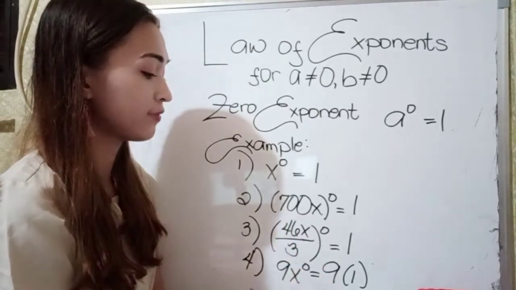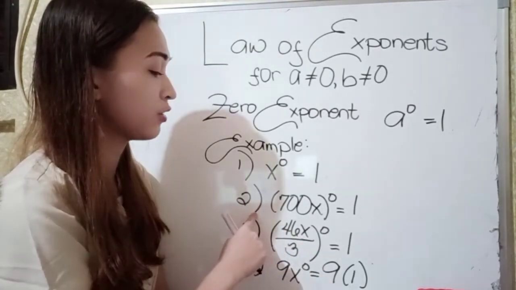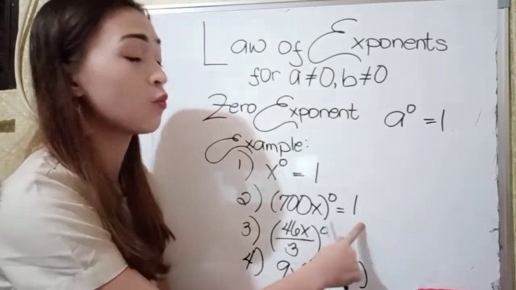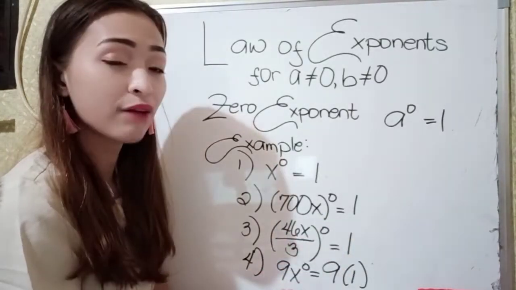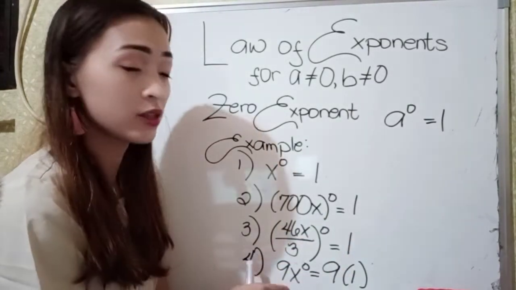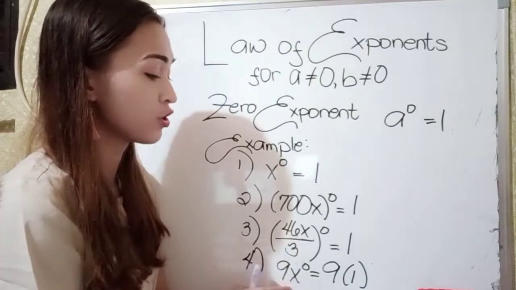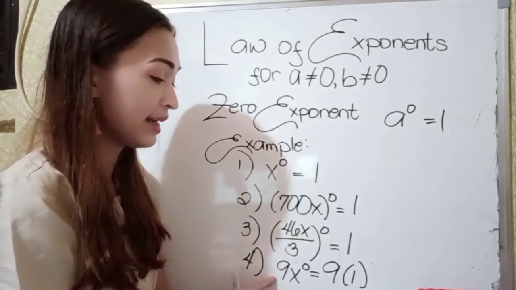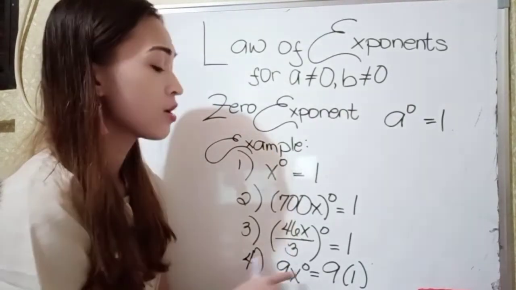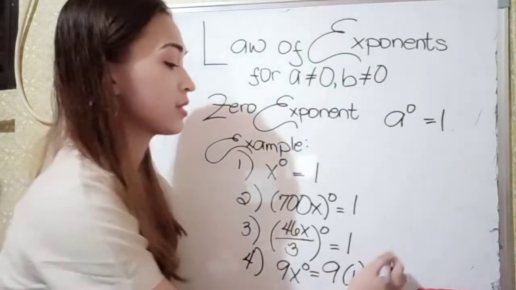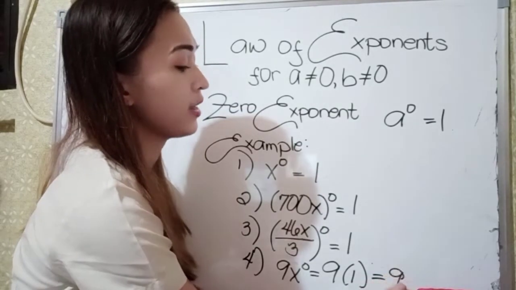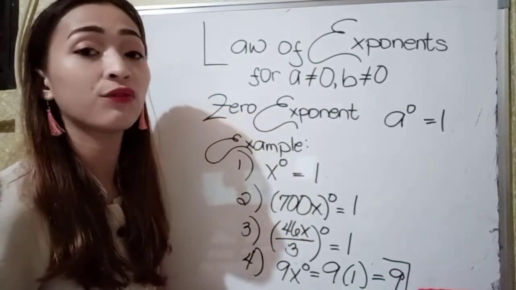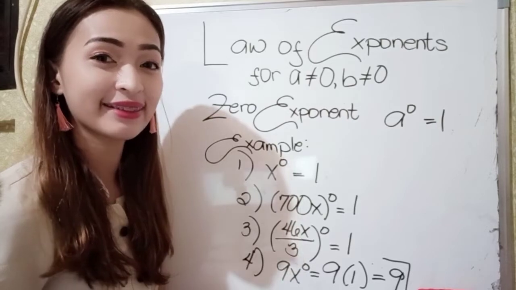If we have a group sign like in number 2, then the whole thing is 1. But since we don't have a group sign here and the x is the only one raised to 0, that is 1, but 9 is not equal to 1. So next, 9 times 1 is equal to 9. Our answer in number 4 is 9.